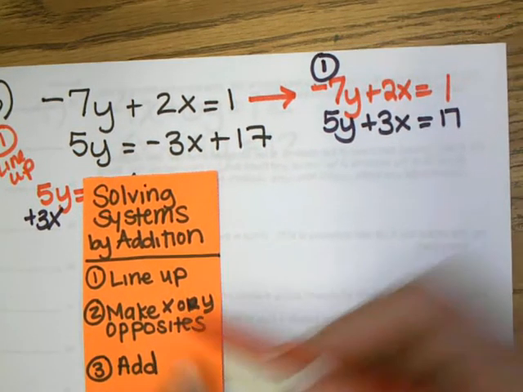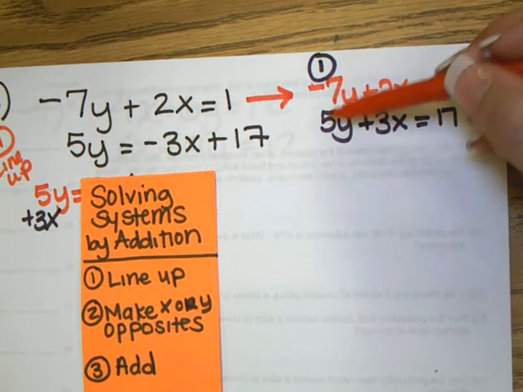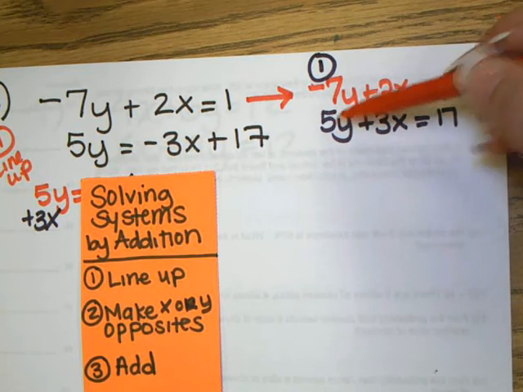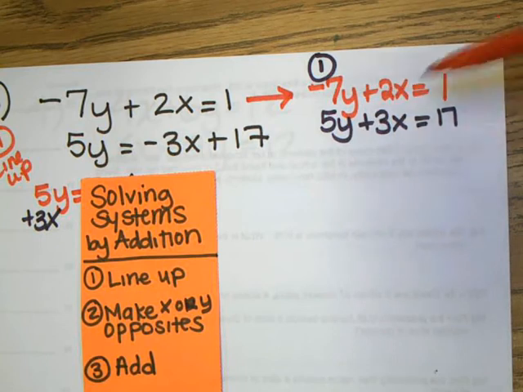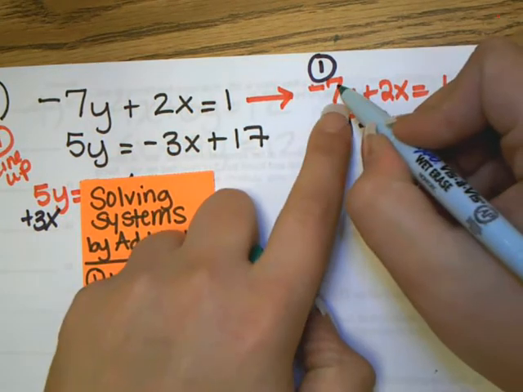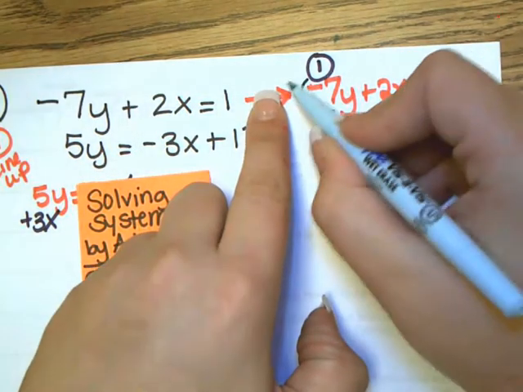Okay, then step 2 is we're going to make x or y terms opposite. So if we look here, negative 7 and positive 5 are not opposites. 2 and 3 are not opposites. 1 and 17 don't count, just the y and the x terms.